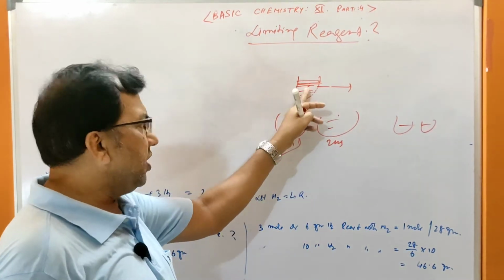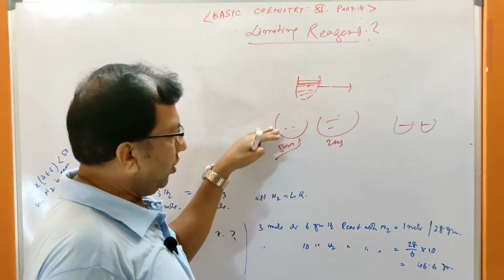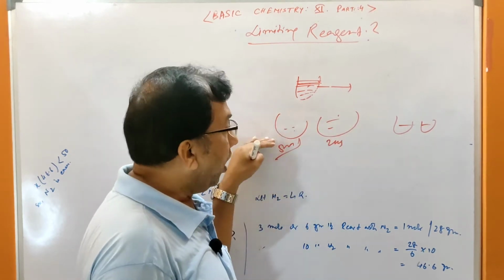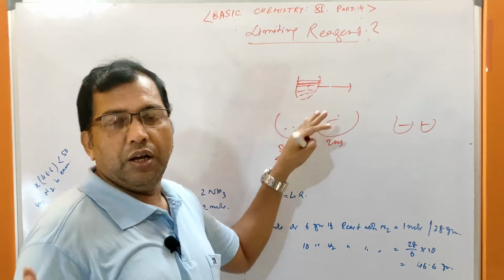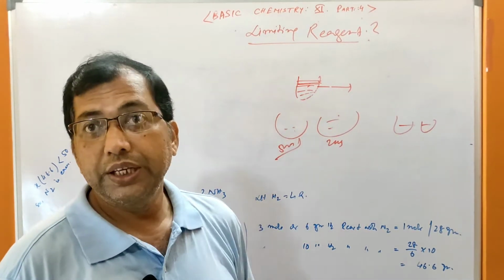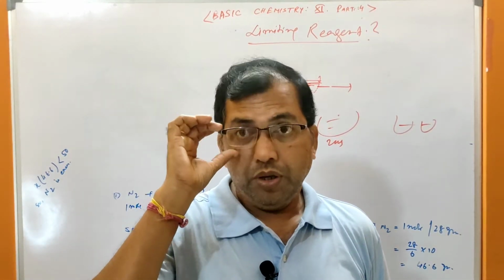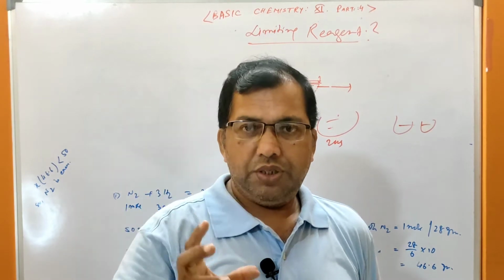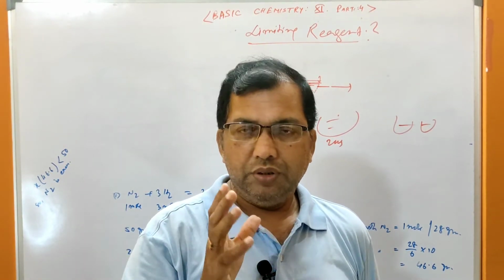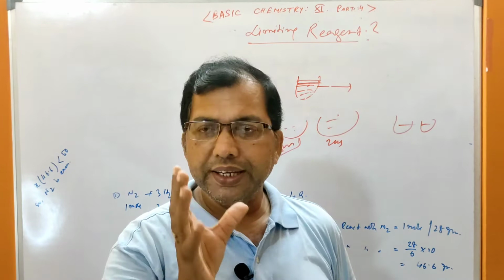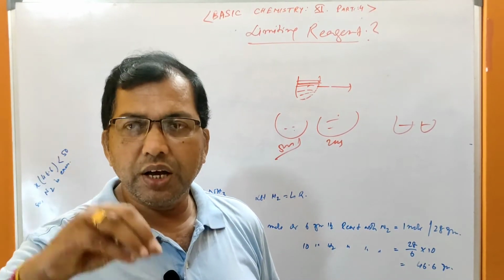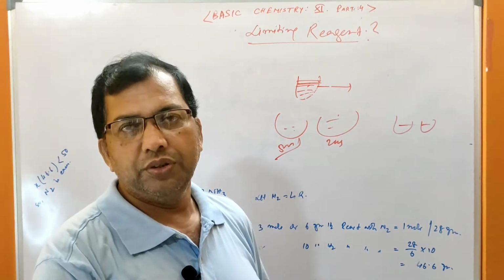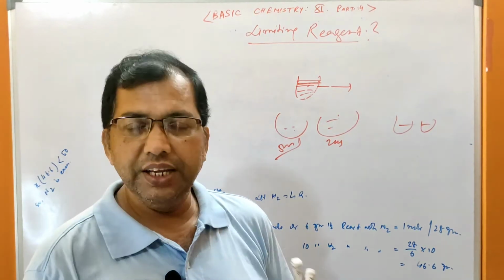This indicates how the reaction will proceed. So what is the limiting reagent, and what is its importance? Limiting reagent is very important. Note it down: the limiting reagent is defined as the reactant which is completely consumed during the reaction. Clear?